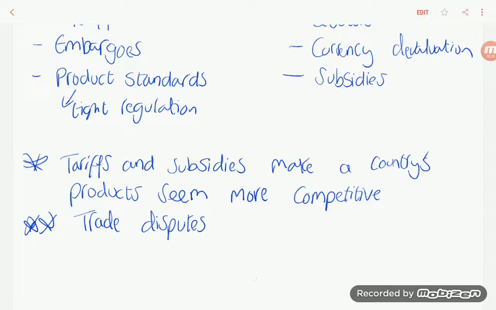Trade disputes might be caused by the use of protectionist policies. For example, one country may see the subsidies paid by another country's government to one of its domestic industries as unfair. For example, the EU and Airbus is seen as unfair by the Americans and their largest aeroplane manufacturer, Boeing.